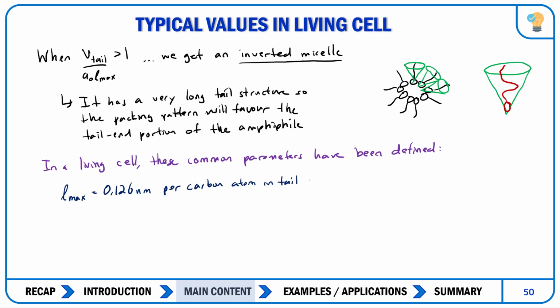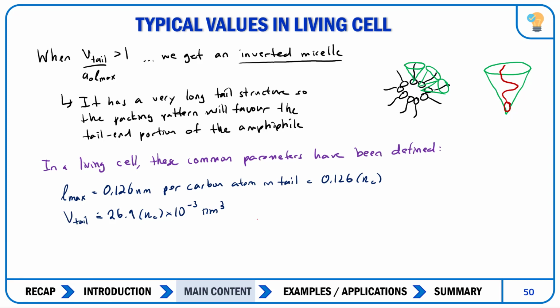So then you would have 0.126 times the number of carbons. You have V tail being approximately equal to 26.9 times the number of carbons, so NC once again, times 10 to the negative 3 nanometers cubed.